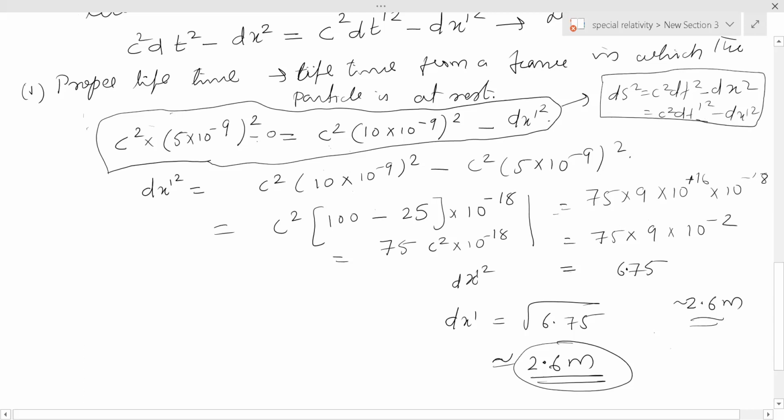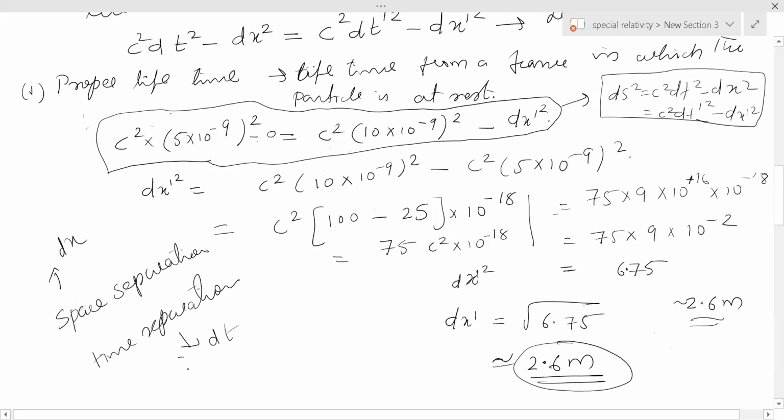So when do we use this? If the space separation and time separation are given. If you have the space separation, which is dx, and the time separation, dt or delta t, and there's no velocity given, and the separation in some other frame is also given, let's say dt prime or dx prime, then you can just use this equation.